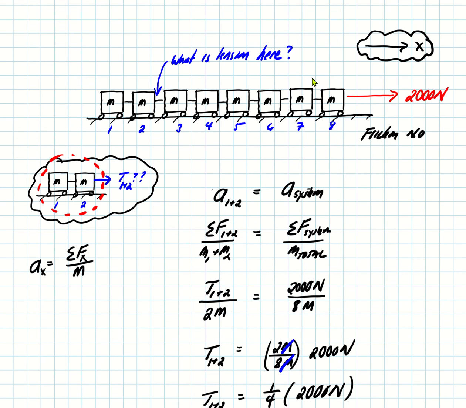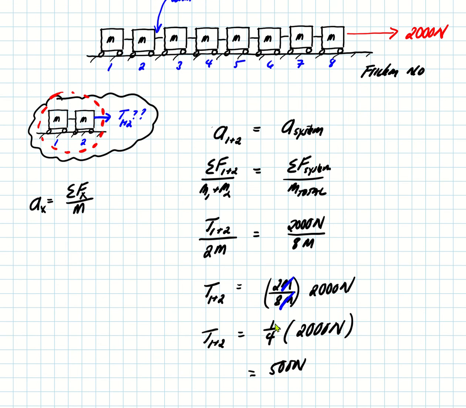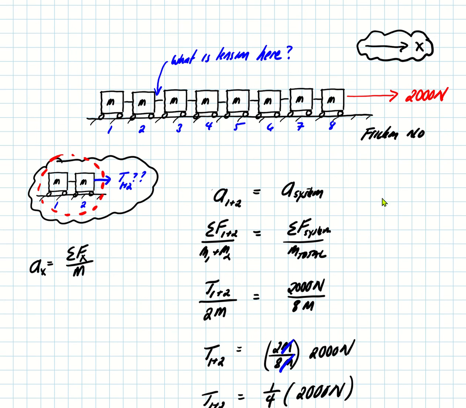If you're pulling a series of objects and you want to know the tension force in between any two of the objects, your answer is going to be the outside force times the ratio of the mass, in this case to the left.